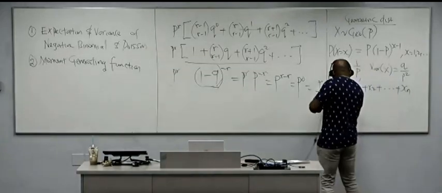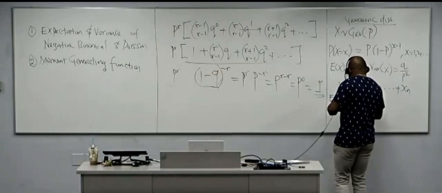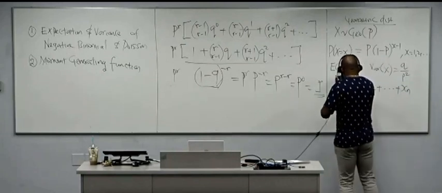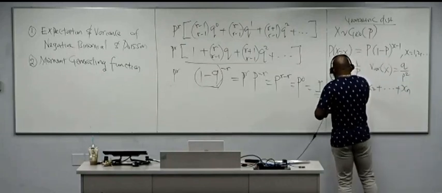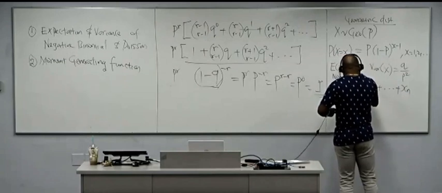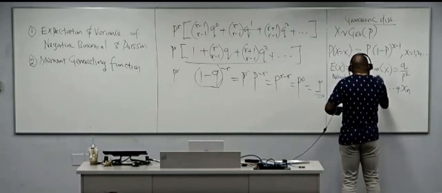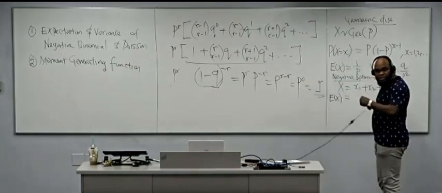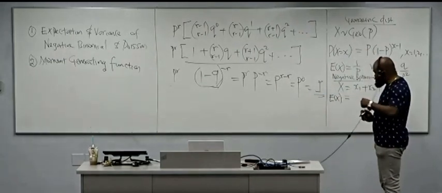So when I want to find the expected value of x, right now I'm actually talking about negative binomial, because I want to generalize the information that I got about geometric.